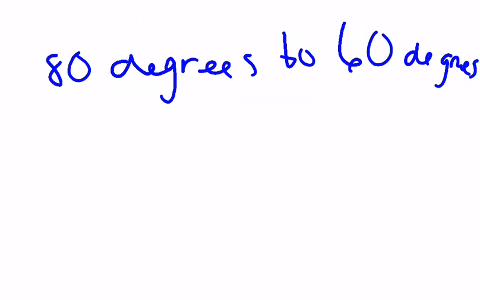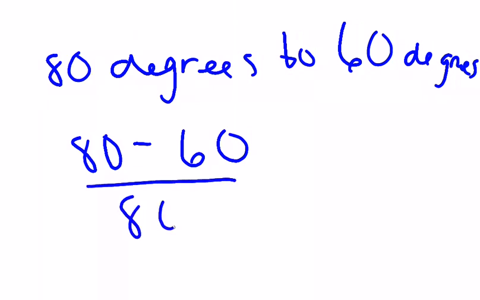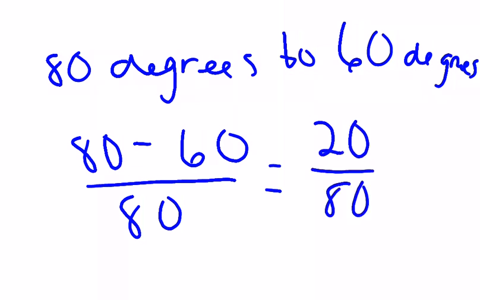So we want to know what is the percent decrease, not what percentage this is of the other one, but the decrease. So first we have to figure out what the difference is between the temperatures, 80 minus 60, and then we divide that by what the original temperature was. So we get 20 for the difference, and we want to divide that by what it started out as.